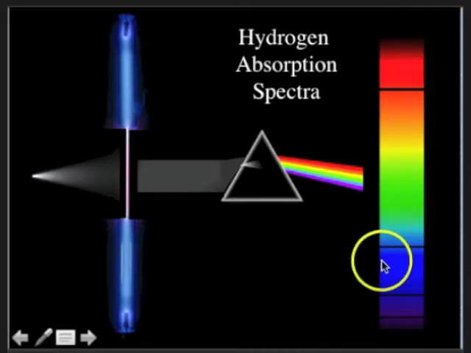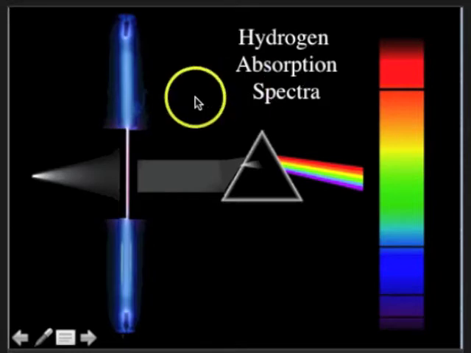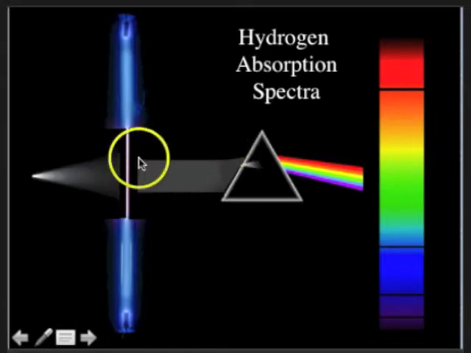Those spectra are called absorption spectra, because these particular wavelengths are being absorbed by the atoms of the element and are no longer in the light, so they appear as dark lines at those positions.